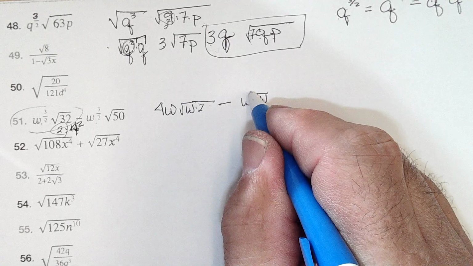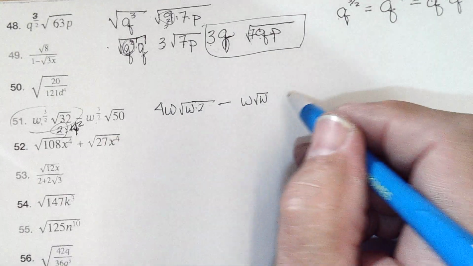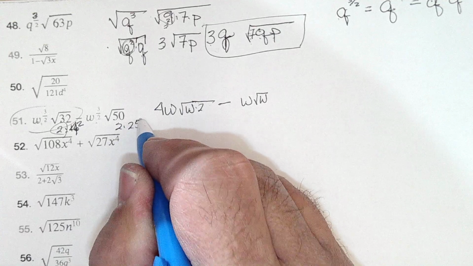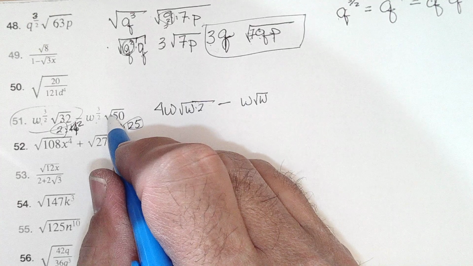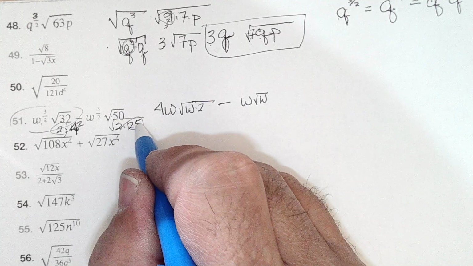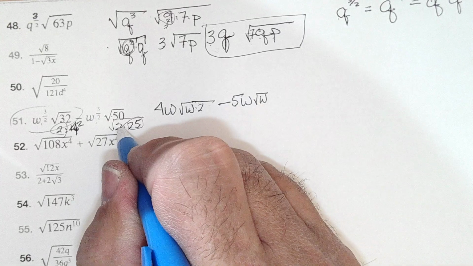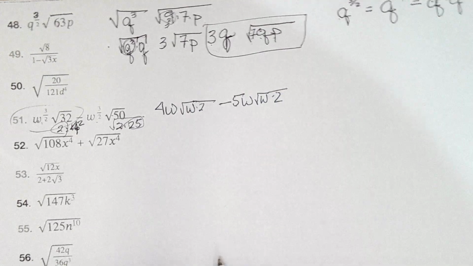because it's w to the 1 and 1/2. 3 has 1 and 1/2. And 50 is 2 times 25. So that 25 has a square root. It's 5. So it comes out of the square root, and then there's a square root of 2 left inside.